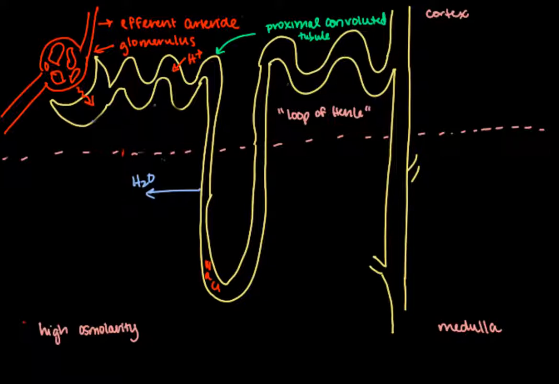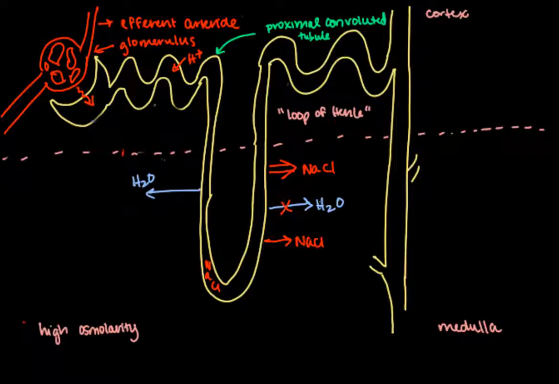Now the properties change when we enter the ascending limb. So the ascending limb, we have some passive reabsorption of salt, and then later we have active reabsorption of salt, and sodium chloride is what I mean. And we actually cannot have any reabsorption of water.